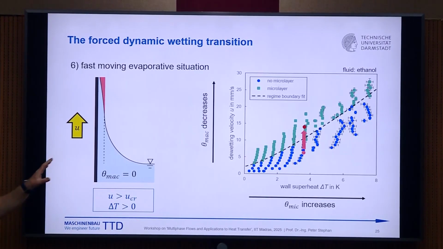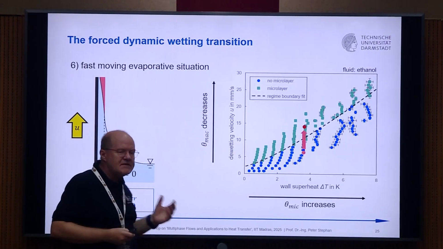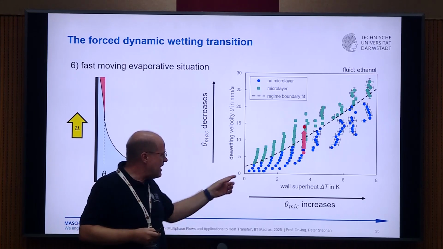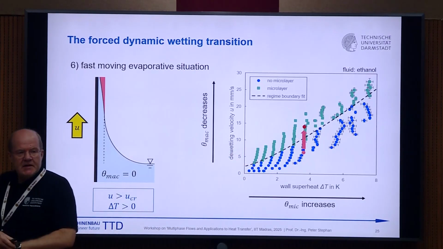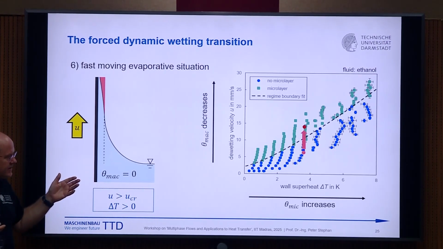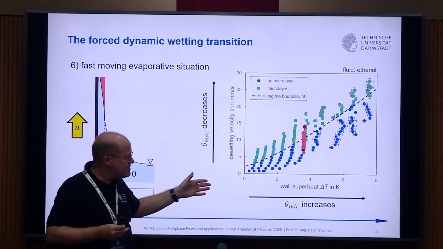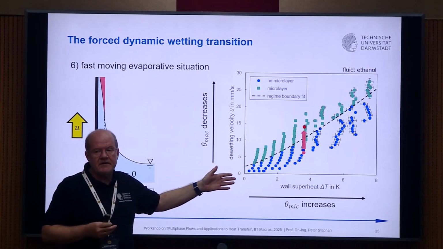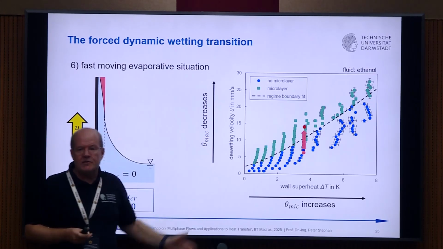So we have to distinguish all these situations, and we are not able to transfer our knowledge from isothermal situations into boiling situations. The velocity is not only influencing the evaporation, but also the evaporation is influencing the dewetting situation.